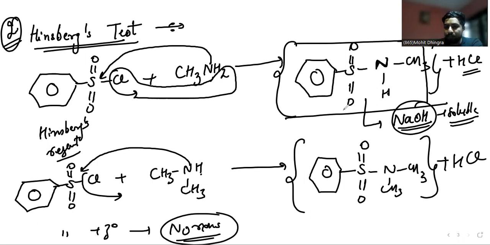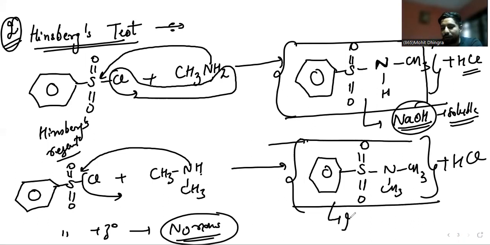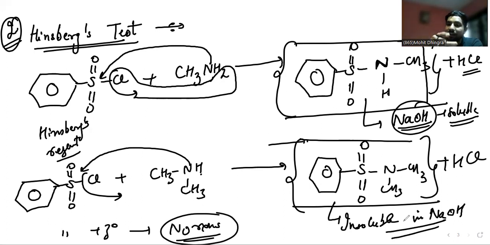And if this compound is not soluble, it is insoluble in NaOH, then we will come to know that it is the secondary amine. And tertiary amine doesn't give the test. So these are two very important chemical reactions and very important tests used.